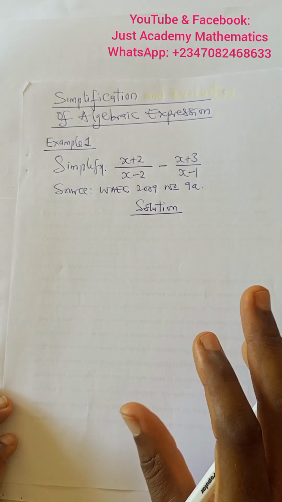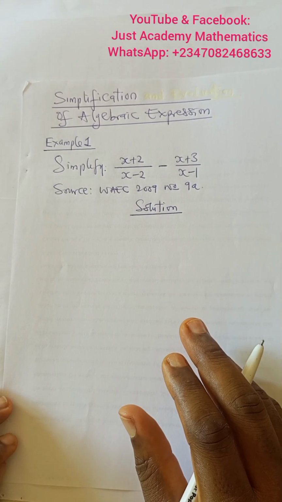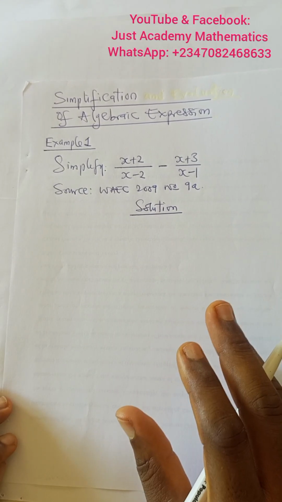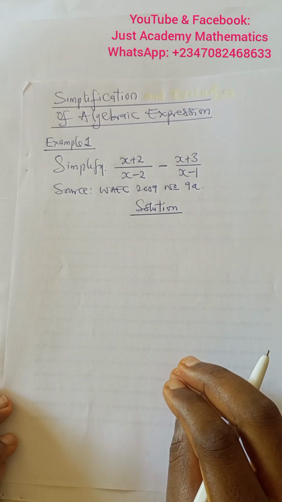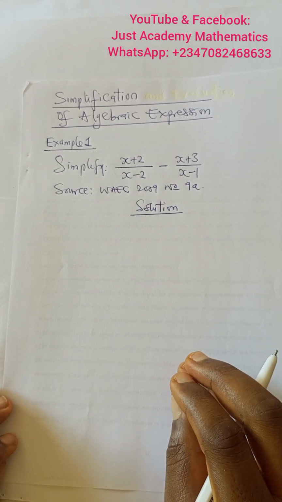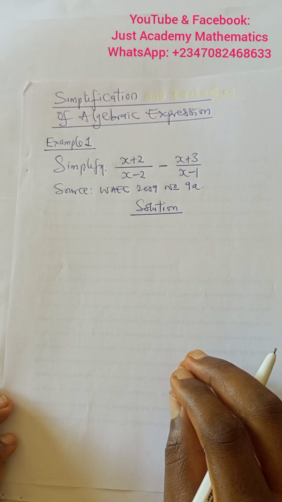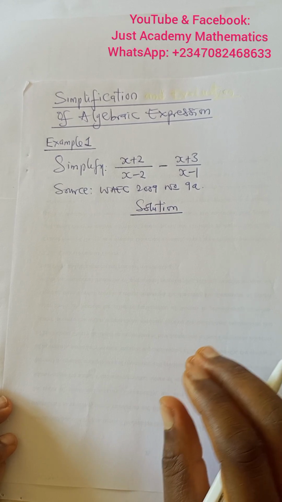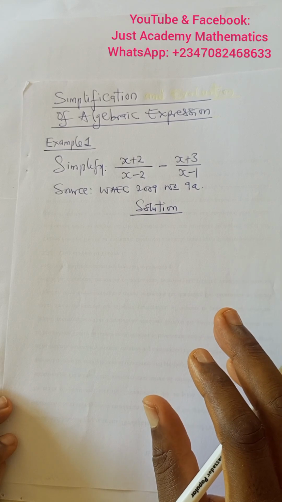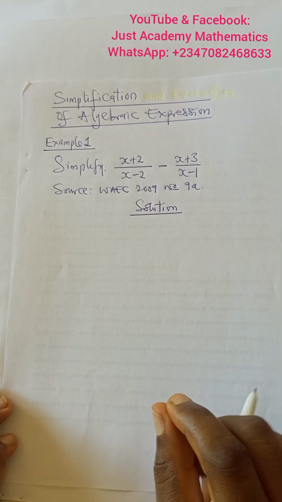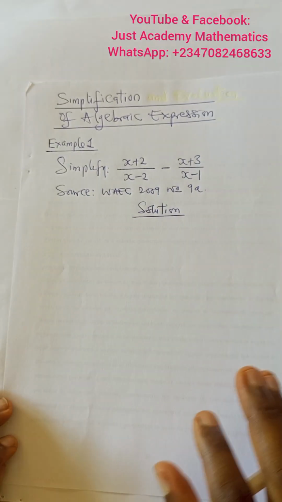We are not done with quadratic. After this, I'm going to talk about evaluation of algebraic expressions, and then we will go back to methods of solving quadratic equation: completing the square method, formula method, sum and product of roots. There are still so many things we need to do in quadratic, but let's take on this now.